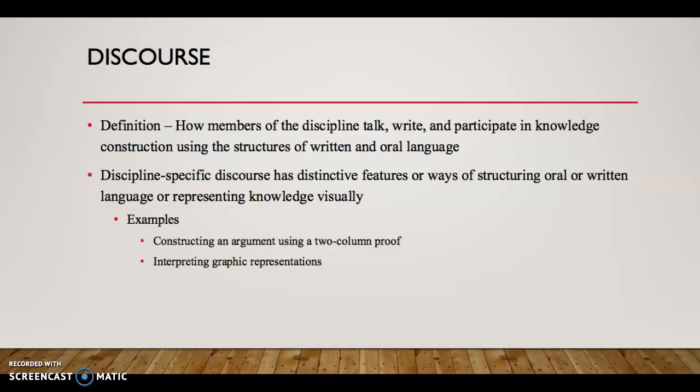So some examples of this, interpreting graphic representations, and then also constructing an argument using a two-column proof. So a lot of times in my math classes, we write a lot of proofs, and that's just an example of how we as mathematicians talk. And this is just very important in the classroom because it's different than what you might normally see in another classroom or just in everyday life.